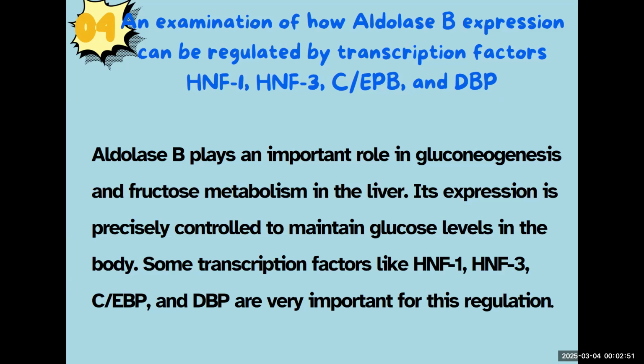Here we can talk in detail about aldolase B and how aldolase B can be regulated by transcription factors. As we said in the previous slide, aldolase B is an enzyme which plays an important role in the liver, in gluconeogenesis and fructose metabolism.